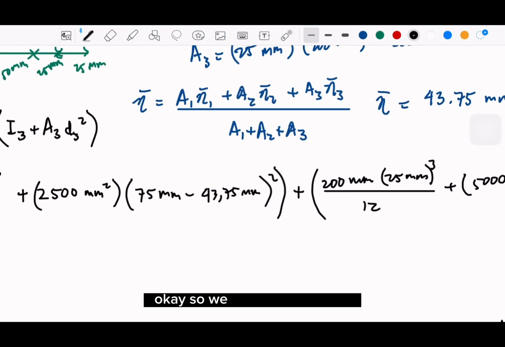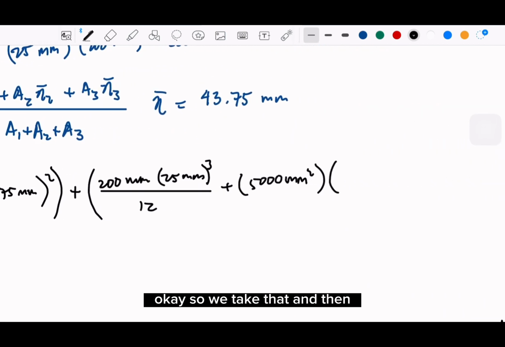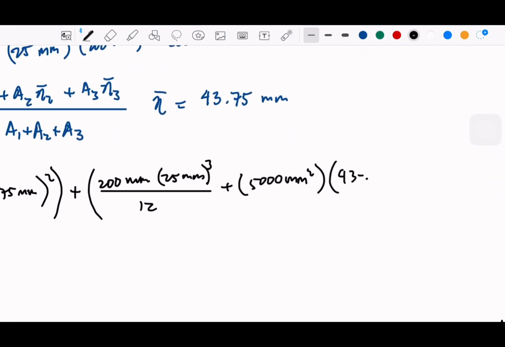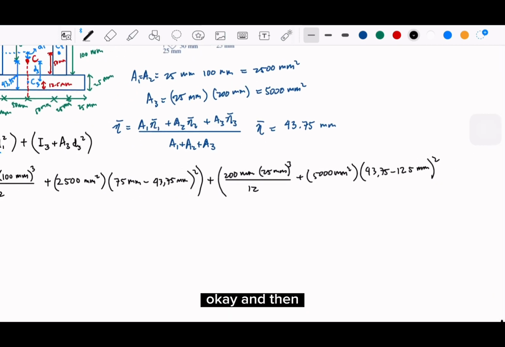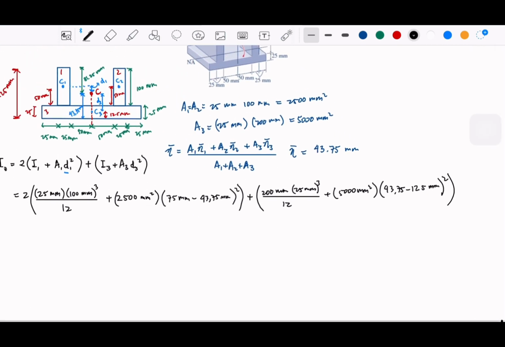So we take that, and it's squared like that. Then we take the calculator.